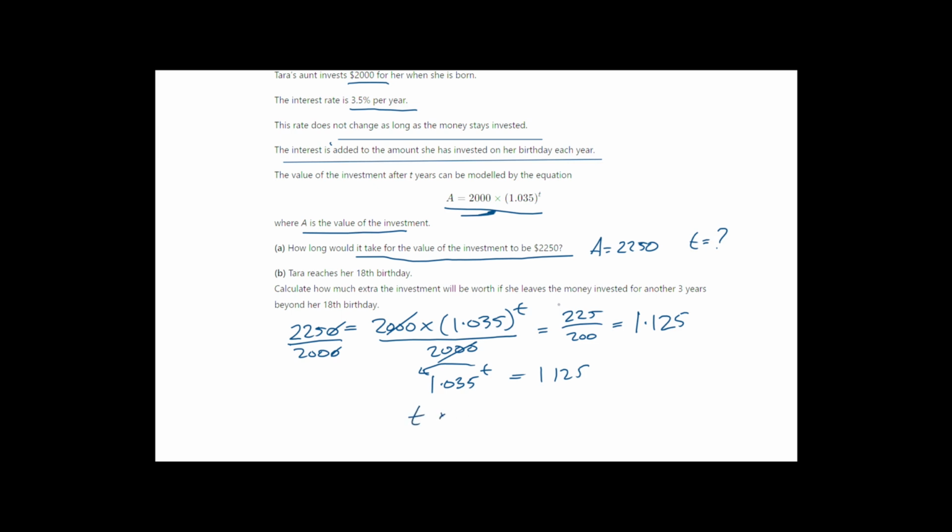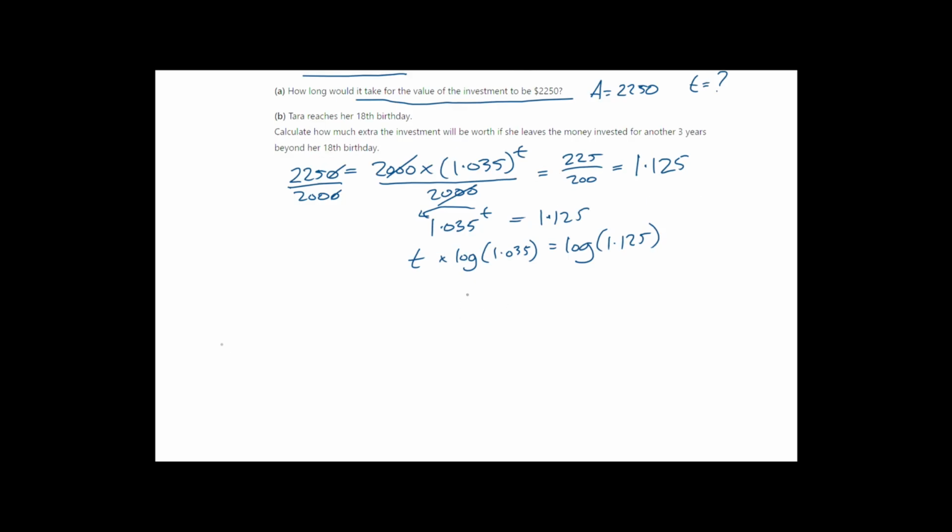So t times the log of 1.035 must be equal to the log of 1.125. So divide both sides through by that log of 1.035. So t must be equal to the log of 1.125 over the log of 1.035.